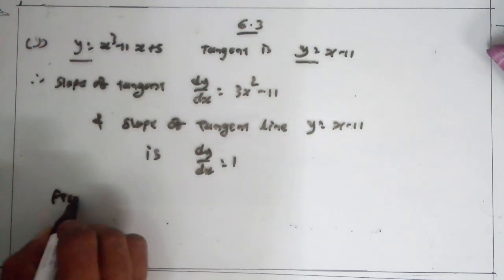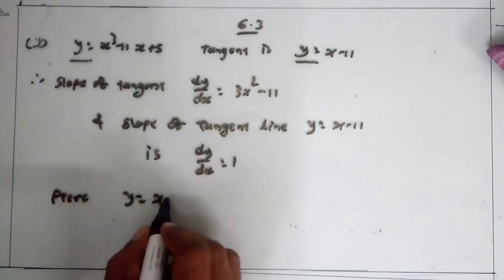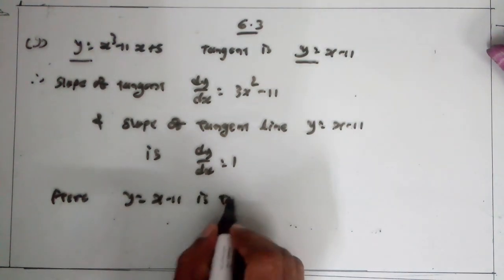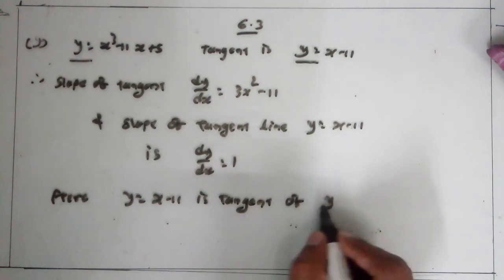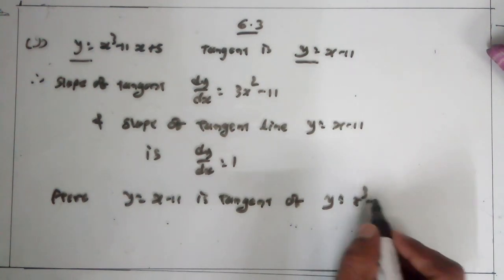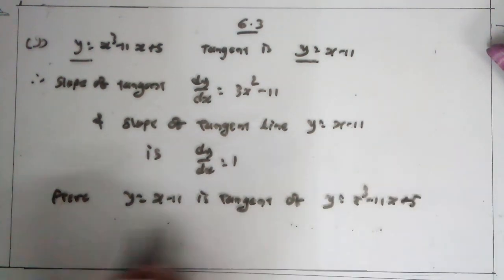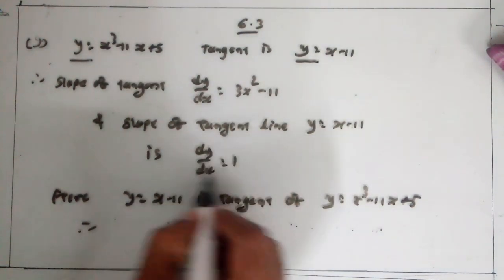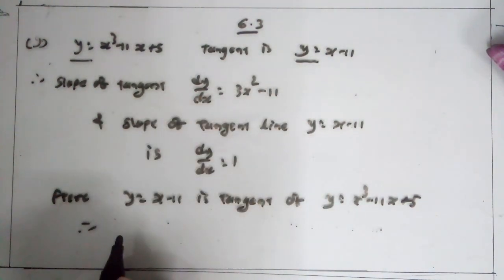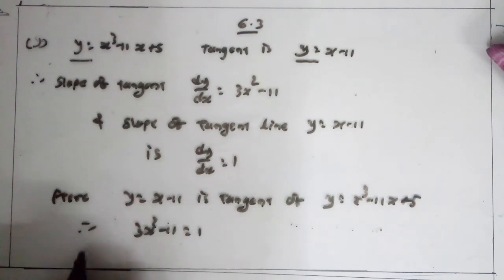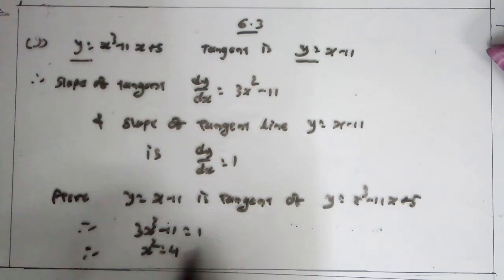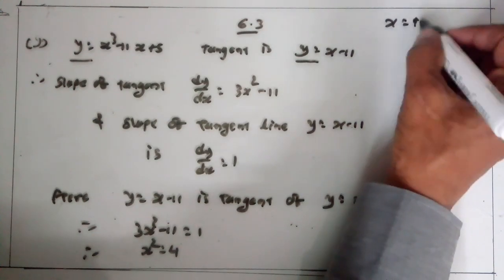Here y is equal to x minus 11 is the tangent of y is equal to x raised to 3 minus 11x plus 5. Therefore the slope of the tangent line and the slope of this tangent are both equal, so 3x square minus 11 is equal to 1. So 11 taken to this side becomes 12, divide by 3, so we get x square is equal to 4. Clear? Therefore x is equal to plus or minus 2.